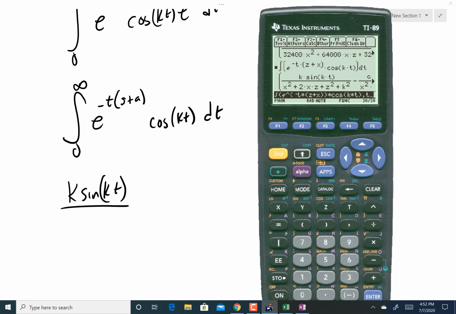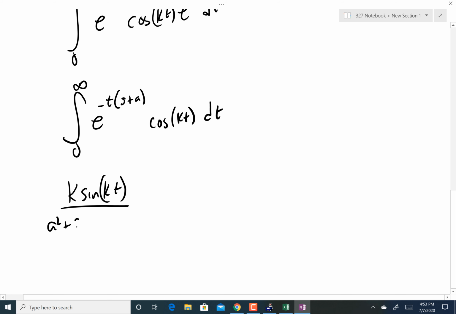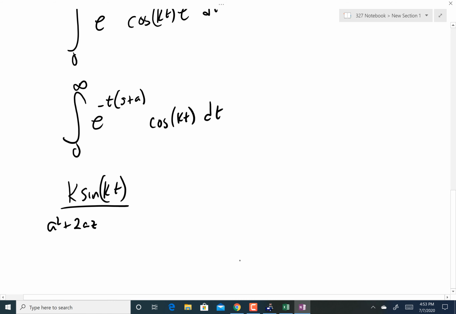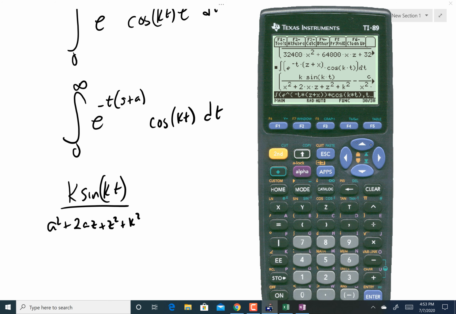You'll see. So it's going to be x squared plus 2x. So that's going to be actually a squared plus 2az plus z squared plus k squared. That's hot. And then you're going to get minus cosine of kt.